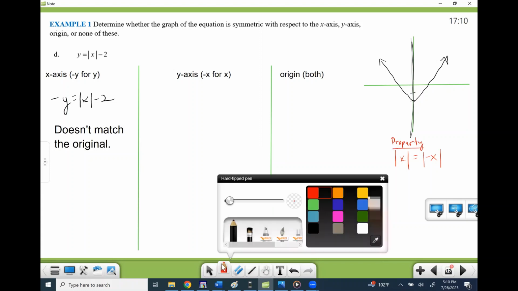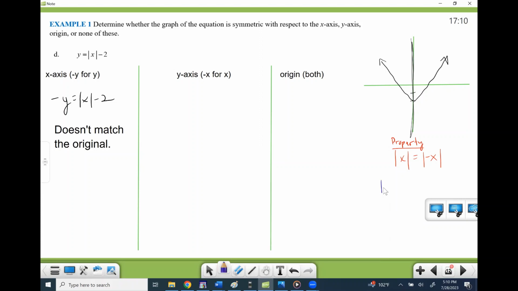Now, you could just check it really fast. You plug in 6 and you substitute in negative 6. Well, the absolute value of 6 is 6. And the absolute value of negative 6 is also 6, because absolute values turn everything positive because they mean the distance, and distances are always positive. Okay, so we're going to need that for this.